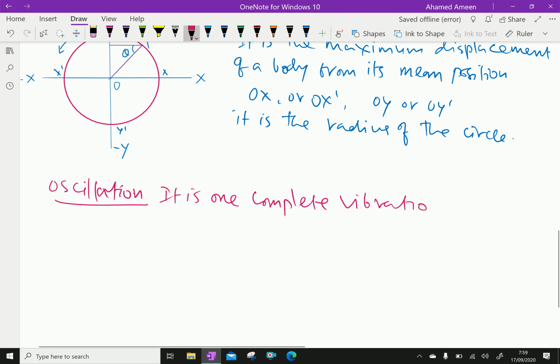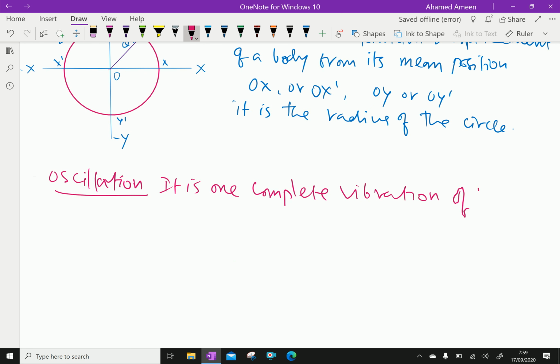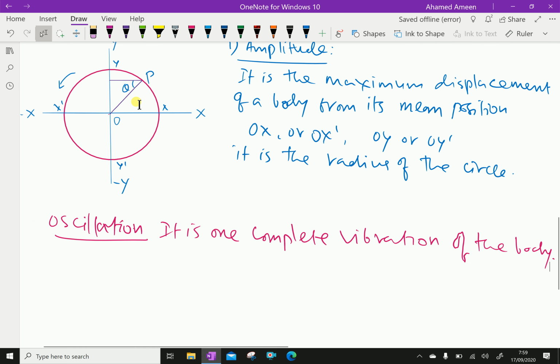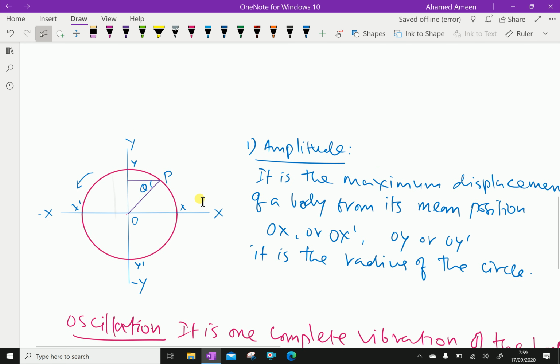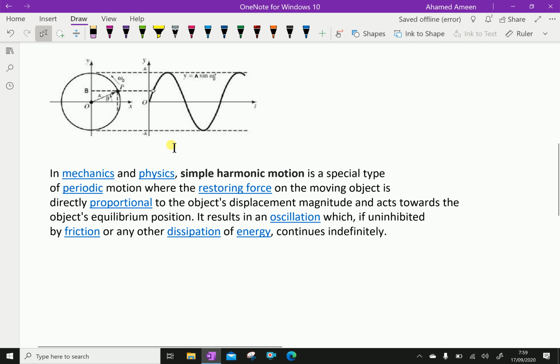Oscillation means the point goes from O to one extreme and comes back to this position.